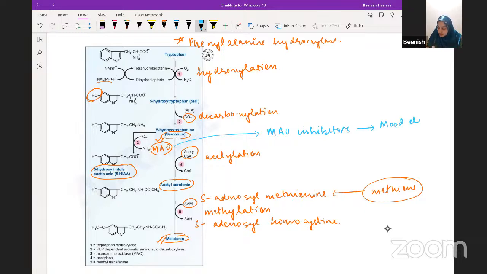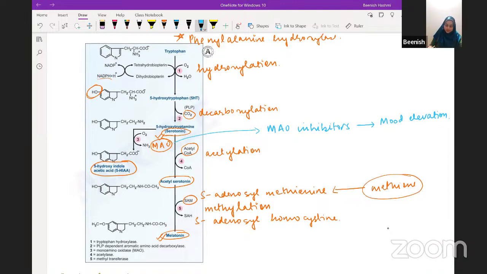So that was about the formation of serotonin and melatonin from tryptophan. Tryptophan first gets hydroxylated, then decarboxylated to form serotonin. Then serotonin is acetylated and then methylated to form melatonin.